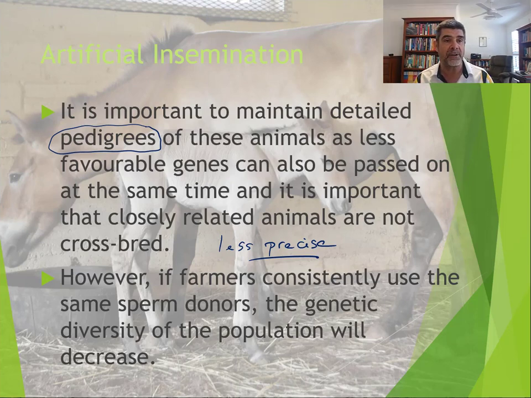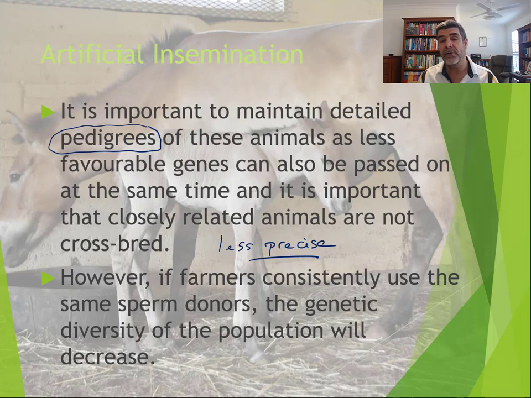So it's really important that we have these pedigrees, that we're able to look back a couple of generations, and see if there's any particular incidence of certain types of diseases or susceptibility to certain conditions that we may be increasing, not directly, but increasing nonetheless as a result of our decisions around artificial insemination, selective breeding.